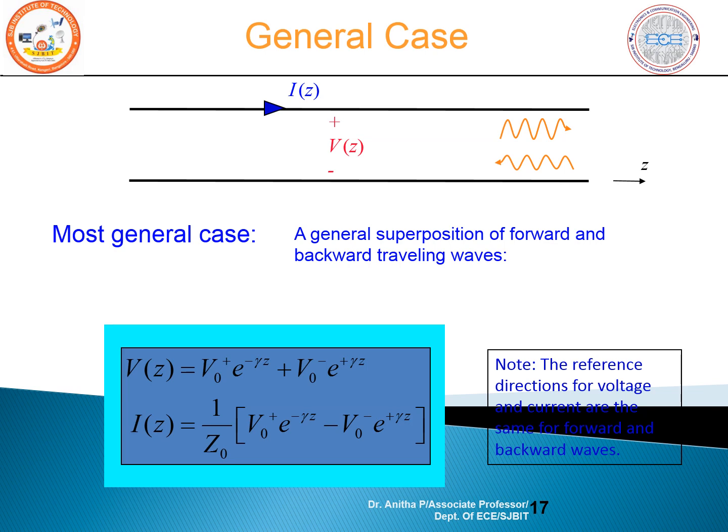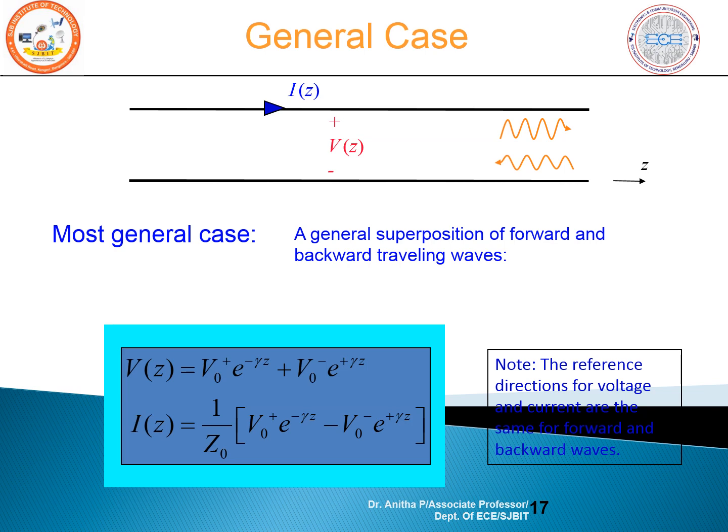But for the reflected wave, the direction of the current is reversed, so that's why you get a minus in the current equation if I express it in voltage form: V naught minus by Z naught. The reference current directions were in opposite directions, and that's the reason you get negative here.